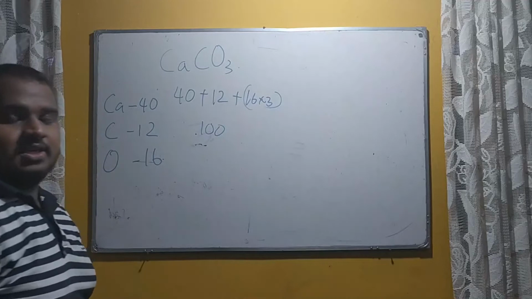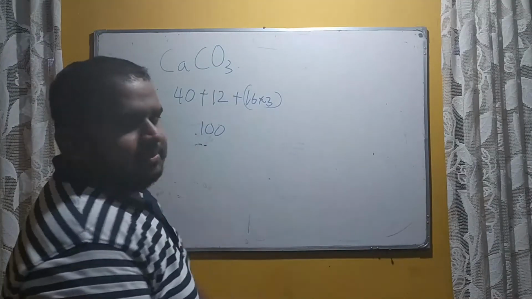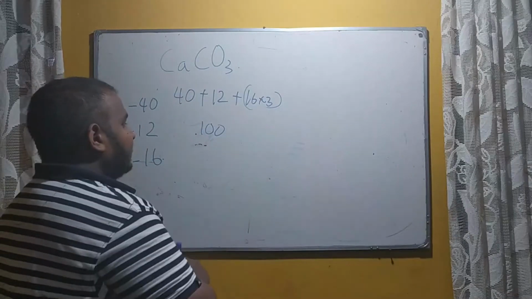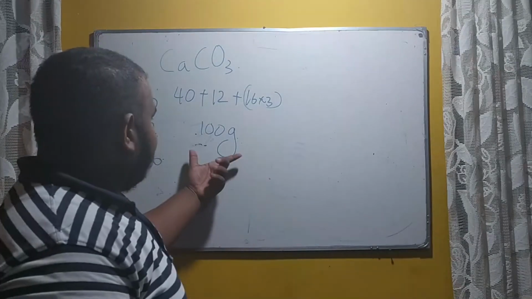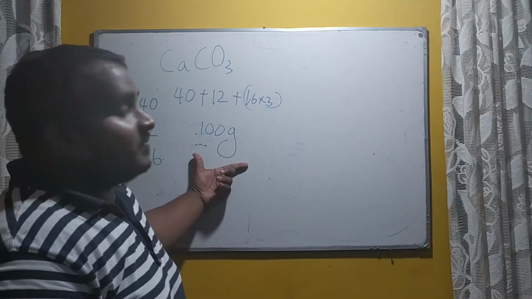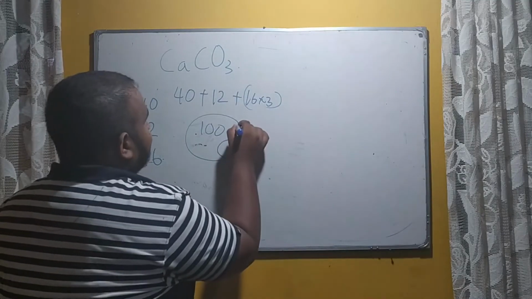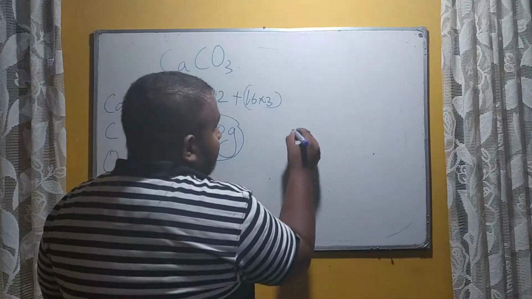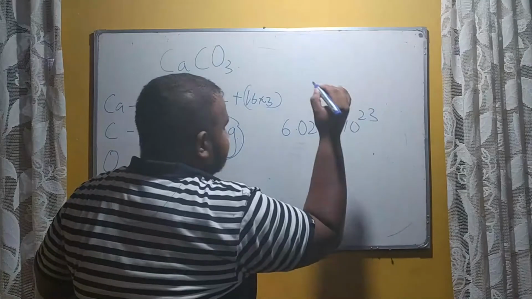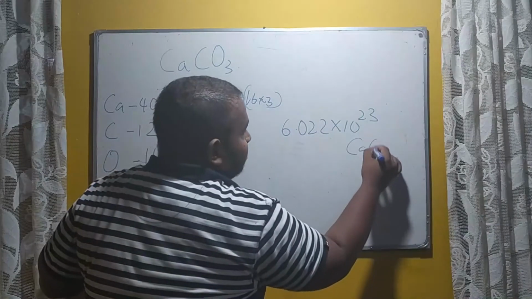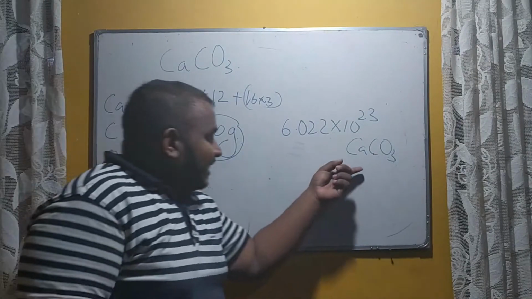Come on guys. If you take 100 grams of calcium carbonate, this is the most important part. In 100 grams of calcium carbonate, there will be 6.022 × 10^23 calcium carbonate compounds.